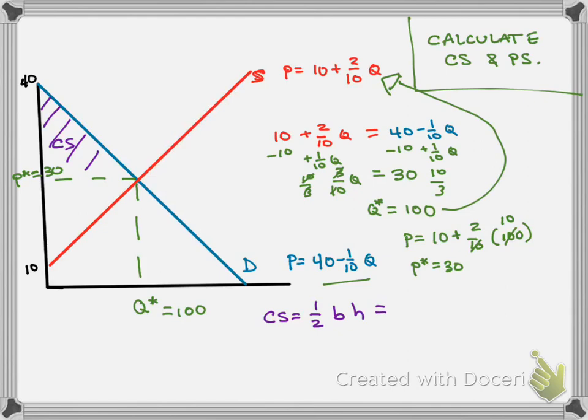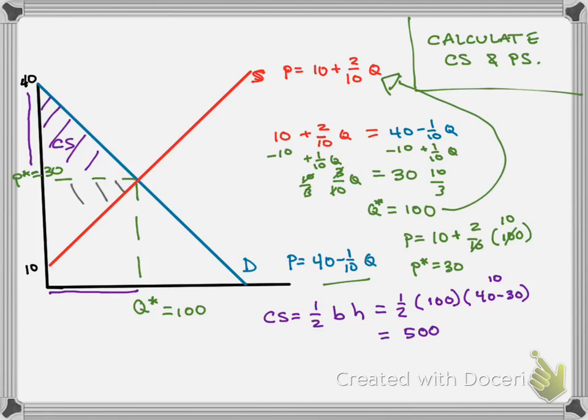In this case, it's 1/2 the base, which is 0 to 100, times the height, which is 40 minus 30. So starting at 40 and coming down to 30. Okay, and that number is 10. So here we get 1/2 times 100, so we get 50 times 10. Consumer surplus is 500.